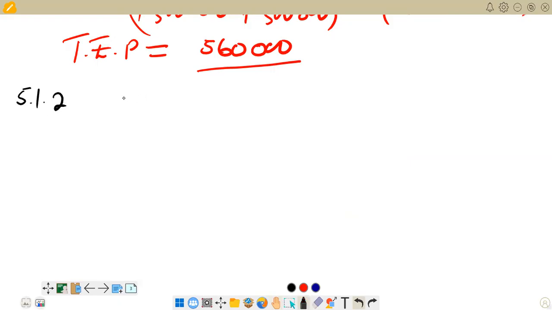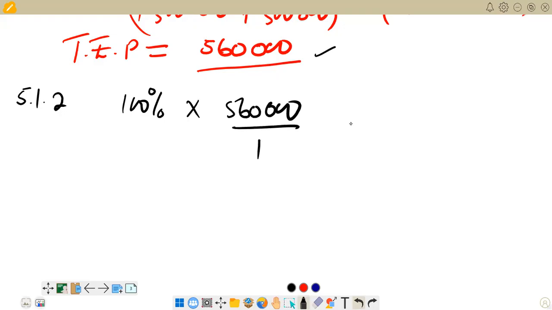And remember, the formula is 100% times the total estimated profit. The total estimated profit is the one that we got here, 560,000, over 1. Then we multiply by the cash received.